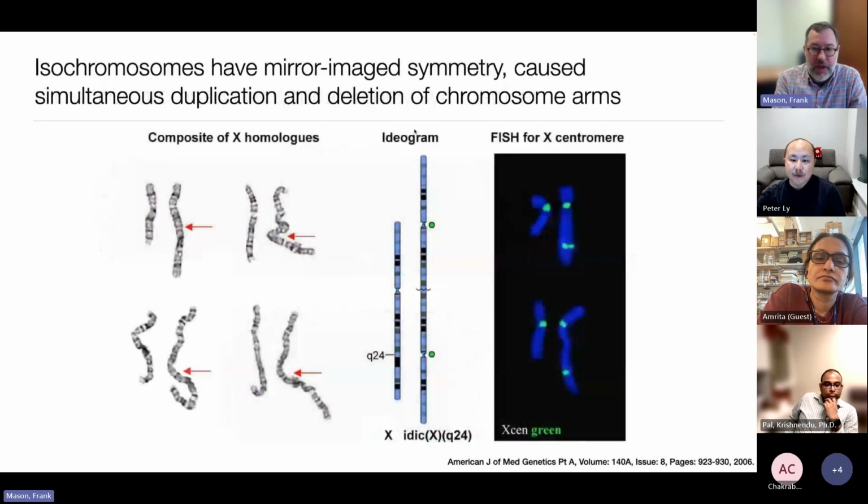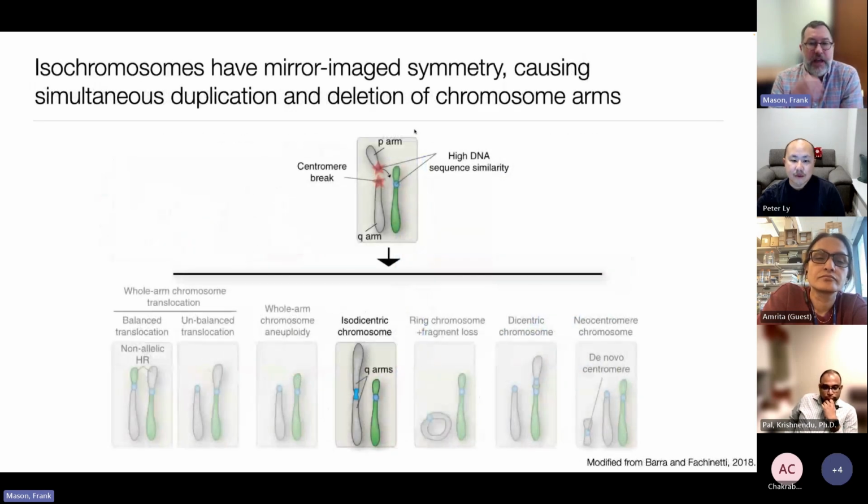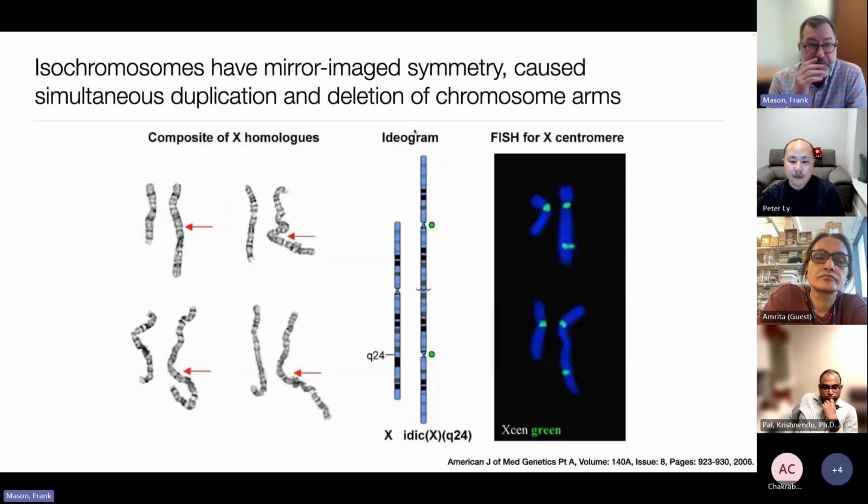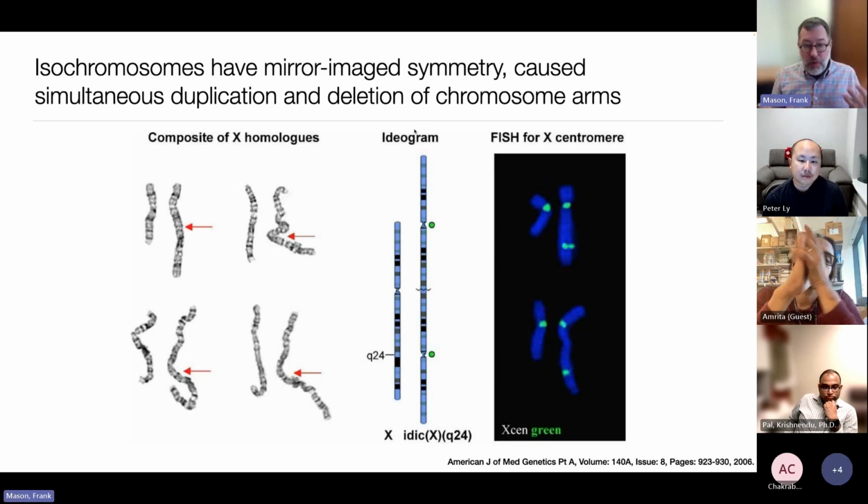And so one of the things we hypothesized is that we might be forming or promoting the formation of isochromosomes, which are these rare but recurrent chromosomal reorganizations that are mirror image inversions of these chromosomes.